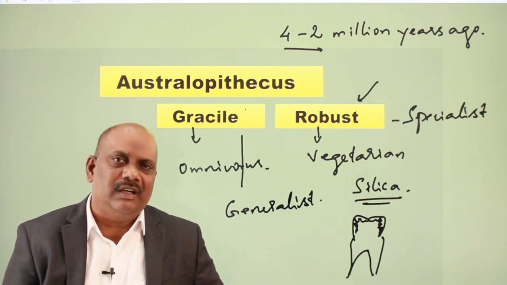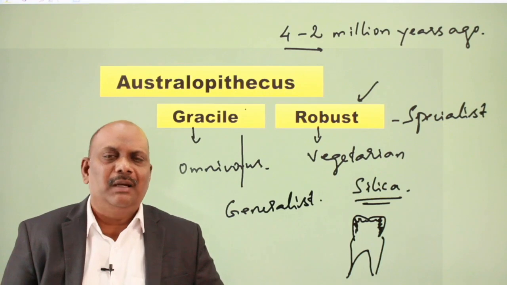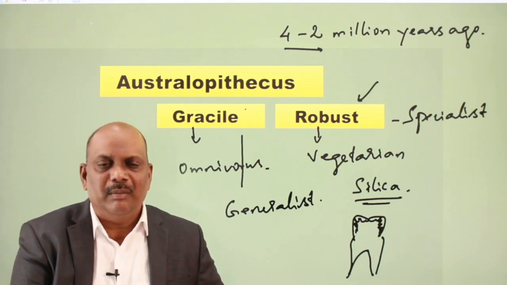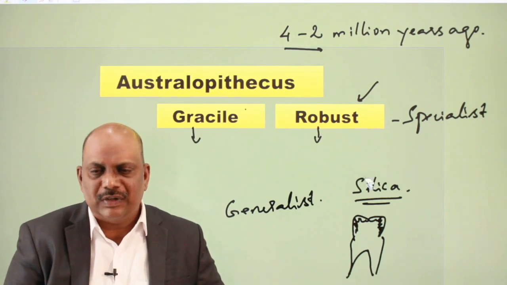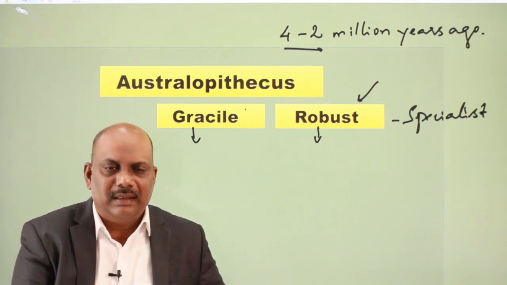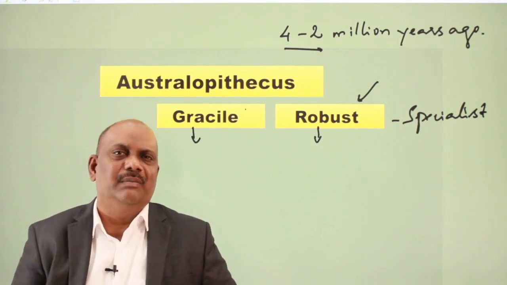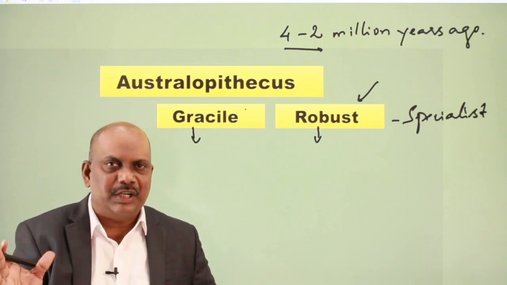Hardly could it run fast, hardly could it climb a tree to collect fruits. And it made life very horrible for the robust. As a result, this robust form of Australopithecus started vanishing from the environment. And at some point of time, they became totally extinct.